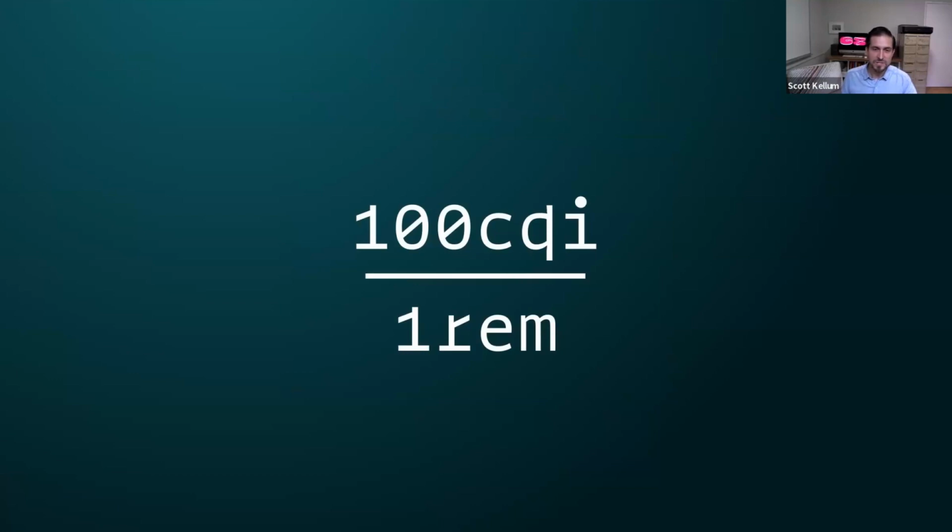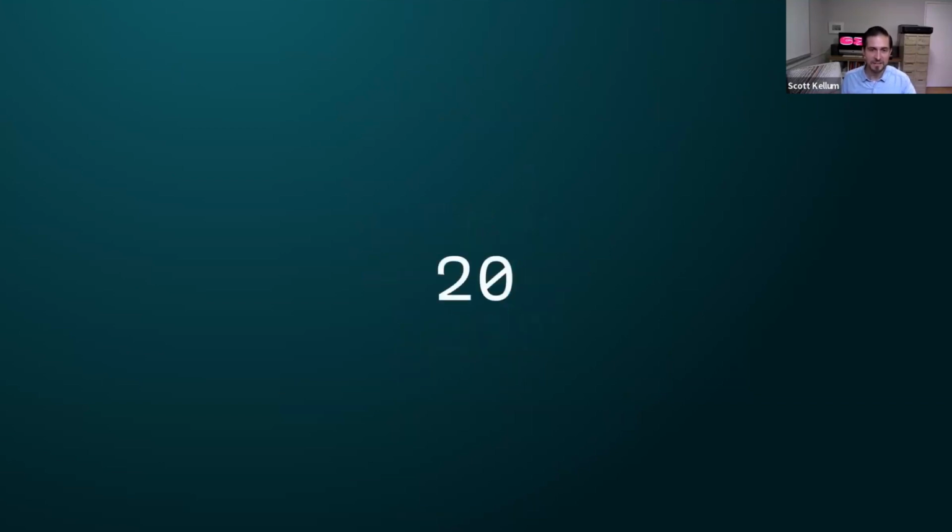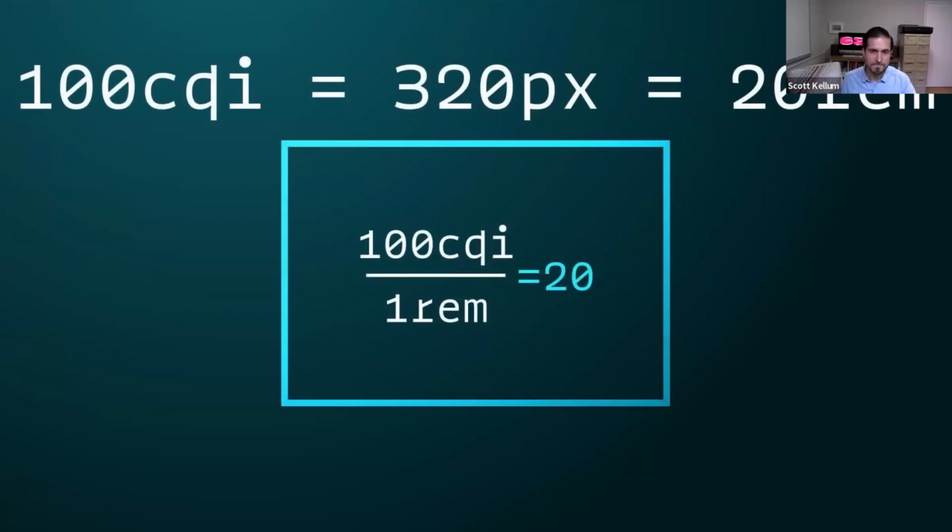So what we do is we take 100 CQI divided by 1 rem. Then we convert the numerator to rems, because we do this at runtime. We know what a rem is, and we can convert the numerator to a rem at runtime. Cancel that out, and then we're left with 20 rems. So the result of that function would be 20.